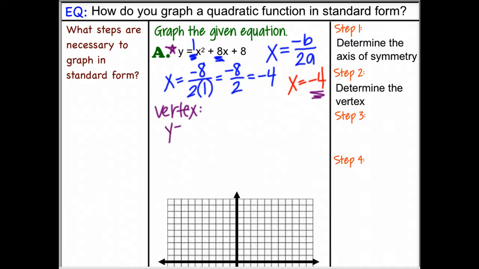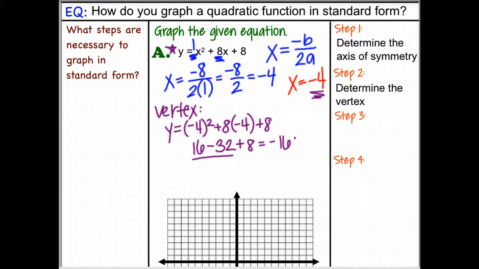So we have y equals x squared, which is negative 4 squared, plus 8 times negative 4 plus 8. Negative 4 squared is 16. 8 times negative 4 is negative 32. We have our plus 8. Negative 16 minus 32 is negative 16 plus 8, which equals negative 8, which means our vertex is negative 4, negative 8.